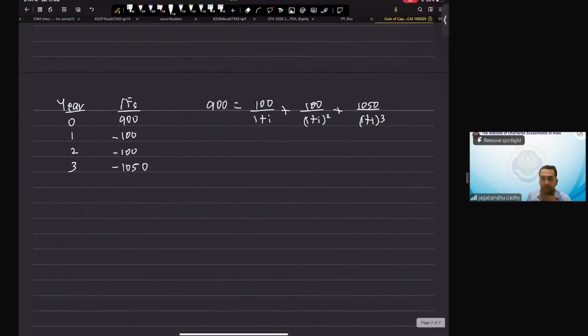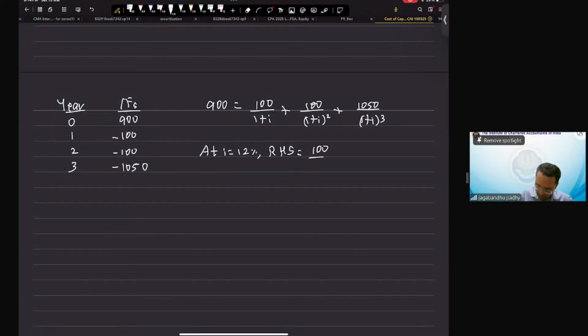Let's say first you start with I equal to, suppose, yeah, let's take it as 12% only. Get the value of RHS at 12%.